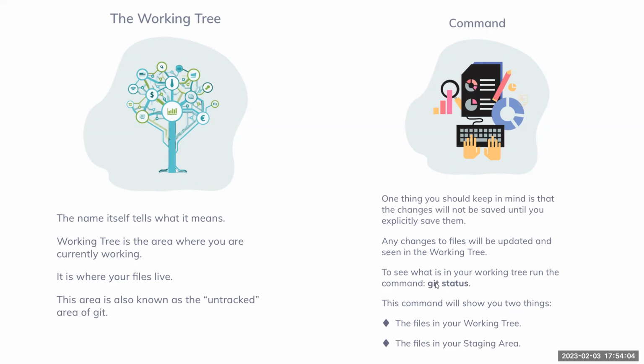Git status will give us all the files which are modified, and it usually displays untracked changes also. The files in your working tree and the files in your staging area, this is what it shows when you run git status.